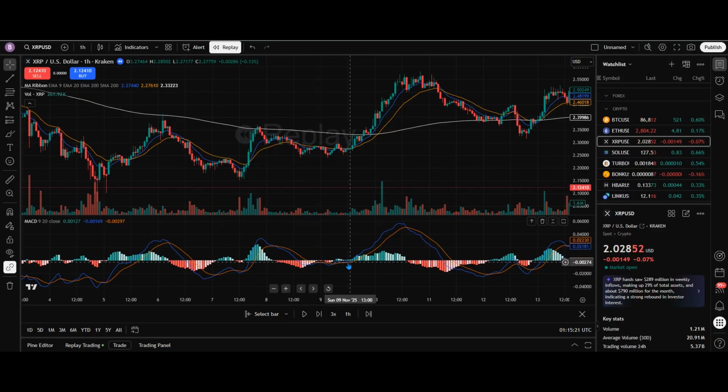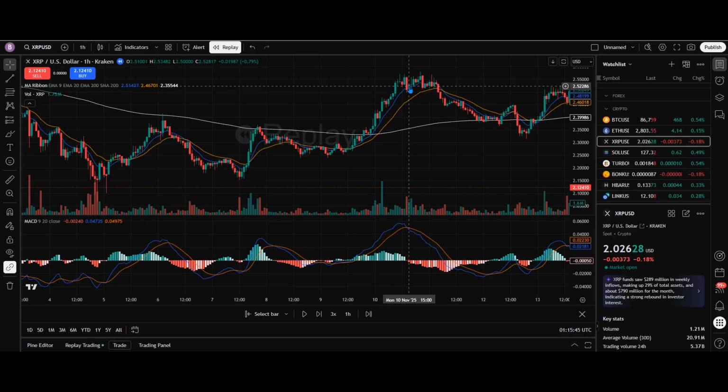We had a crossover here, getting over the zero line. There's a lot of buying pressure being shown on the volume indicator, and just like that, you can get in at this point and you have a nice uptrend. So that's pretty much it. That's volume 101.